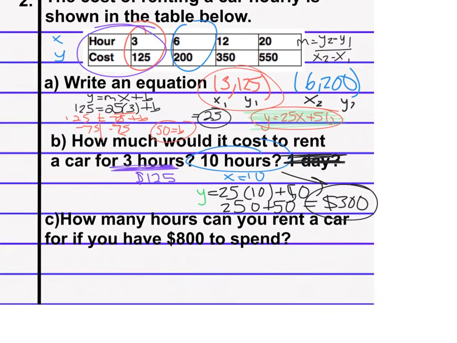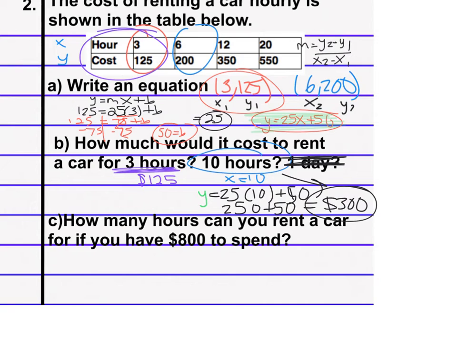All right, part C, how many hours can you rent a car for if you have $800? Dollars, cost is y. So I'm taking my equation up here, y equals 25x plus 50. Now I'm going to put 800 in for y.